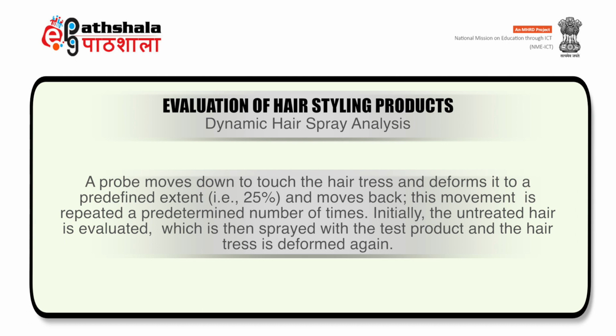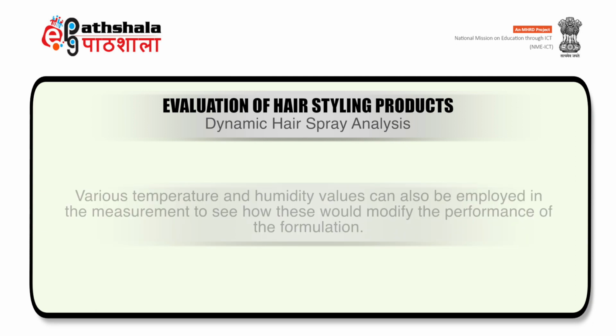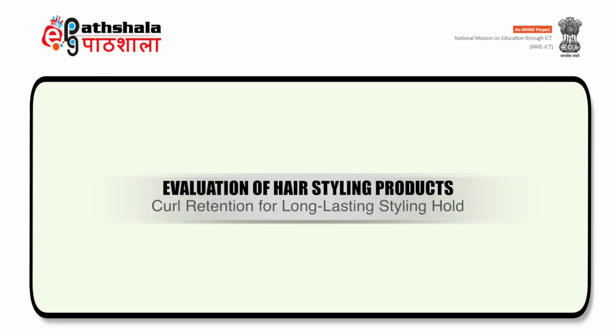Initially, the untreated hair is evaluated, which is then sprayed with the test product and the hair trace deformed again. The equipment measures stiffness and increase in stiffness after applying the hairspray, as well as tackiness and drying time. Various temperature and humidity values can also be employed in the measurement to see how these would modify the performance of the formulation.